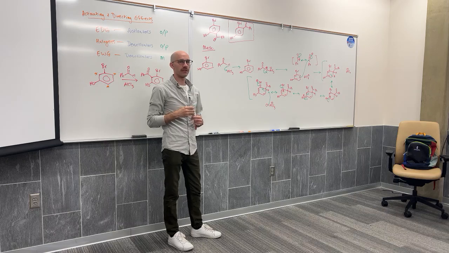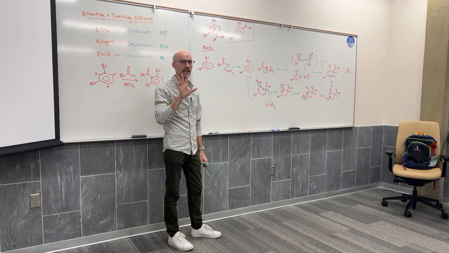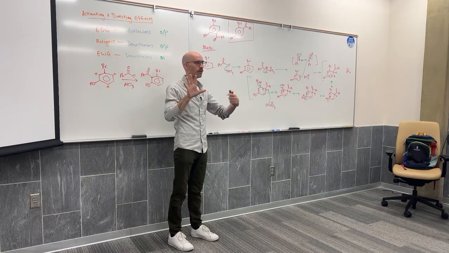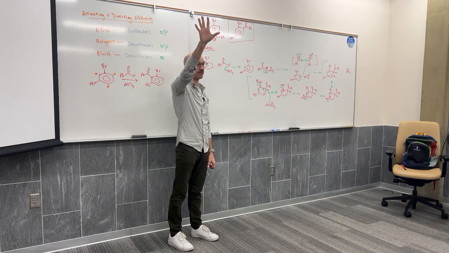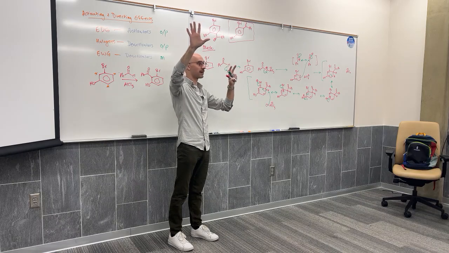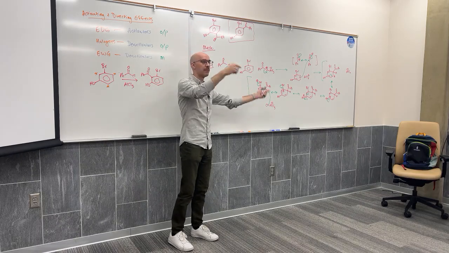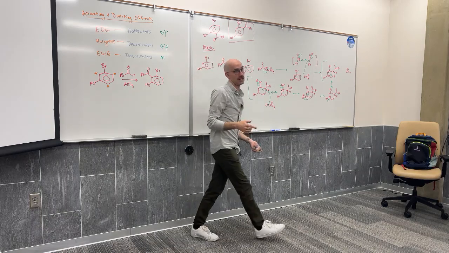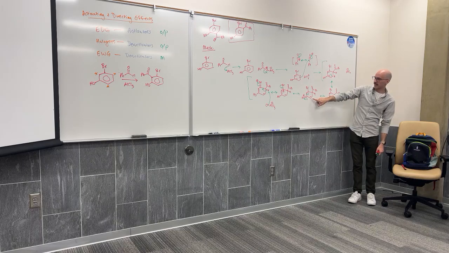How many resonance forms are in this structure? 5. How many resonance forms could be shown forming the product? 5. Any of these resonance forms could be the last resonance form. Any of these resonance forms could be drawn being deprotonated and going into the product. It really just depends on how many arrows you want to show. For instance, I think this one maybe requires the most arrows.